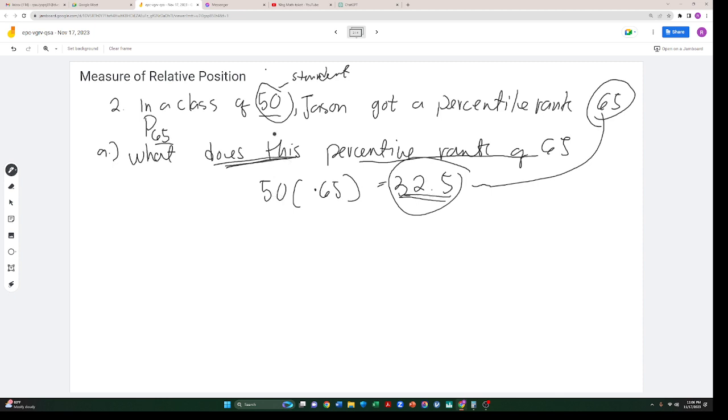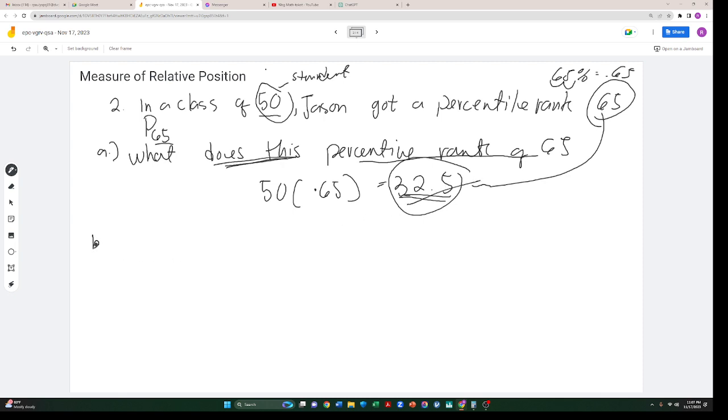You take 50, the number of students, times K, which is 0.65, because 65% can be represented as the decimal 0.65. Therefore, 0.65 times 50 is 32.5, which is the percentile points.